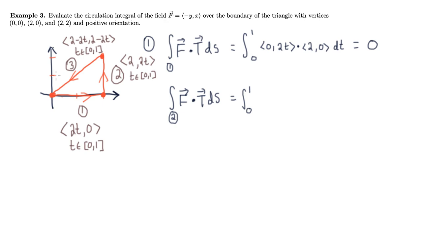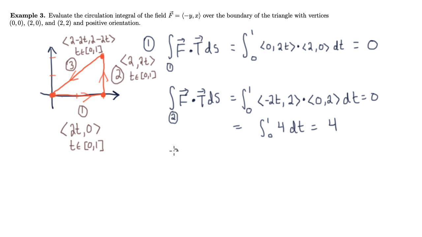F evaluated at the parameterization here is going to be minus y, so negative 2t, and then x, which is 2, and then dot with the derivative of the parameterization, which is 0, comma 2, dt. And so what do we get here? We get 0 plus 4. So it's just the integral from 0 to 1 of 4 dt, which is 4.